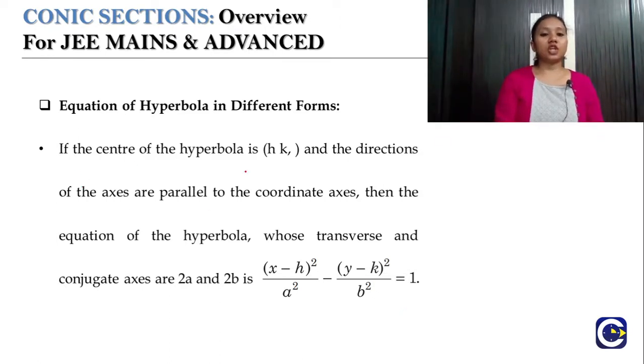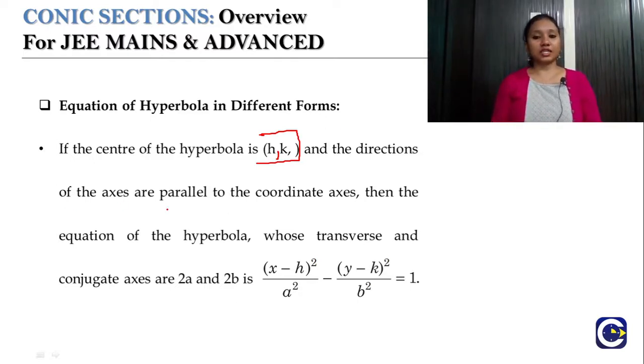If the center of the hyperbola is h comma k, here you can see we have the center. Initially, for our two standard hyperbolas, the hyperbola and the conjugate hyperbola, what is the center? It's directly 0 comma 0. Whereas here this hyperbola has a center with coordinates h comma k, and the directions of the axes are parallel to the coordinate axes.